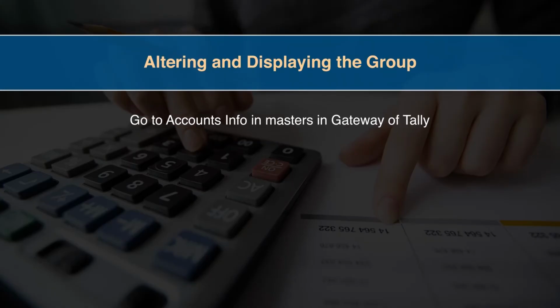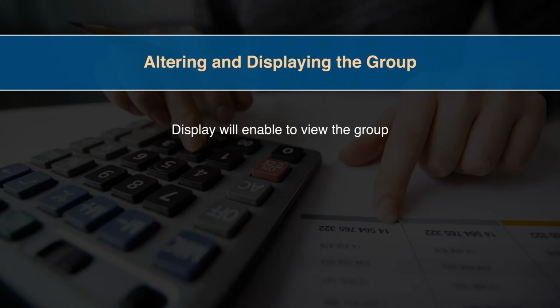You will go to account info, within account info there is group, and within group you will use single group. Once you click single group, the list of groups will be displayed and you can choose the required group and make the required changes in case of alteration. If you want to delete the group, you have to press Alt plus D and the group will be deleted.